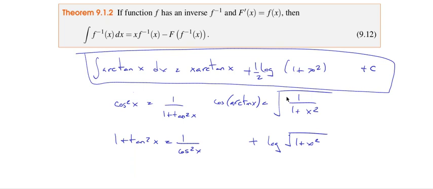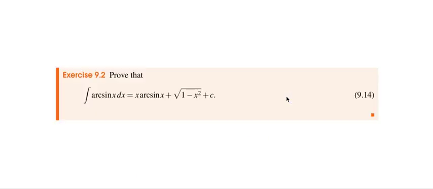Okay. Now, having done this with this information, you can try and find or prove that the primitive of the arcsine is going to be like this: x times the arcsine of x plus the square root of 1 minus x squared plus c.